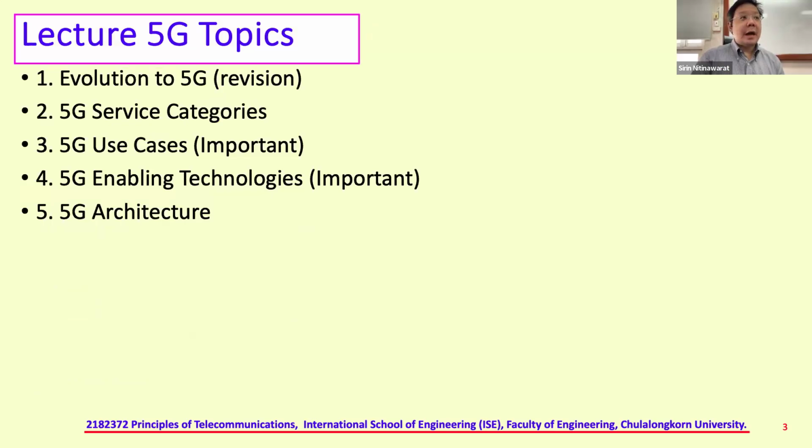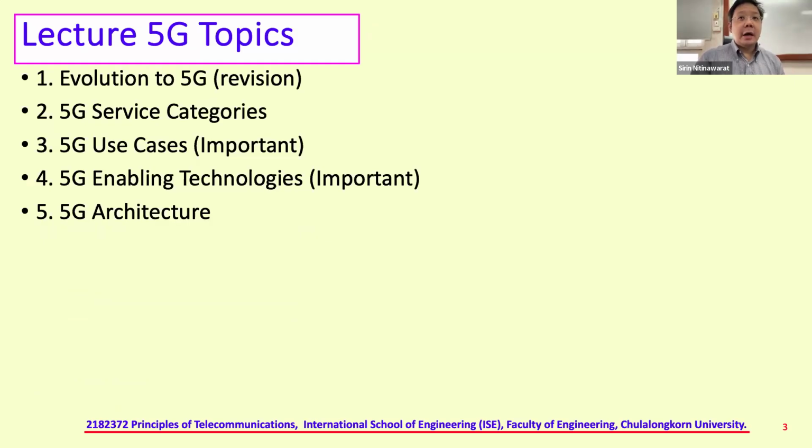So here's the outline of today's lecture. We review the evolution of subsequent cellular network generations, because we already talked a little bit about it when we discussed 3G and 4G, right?